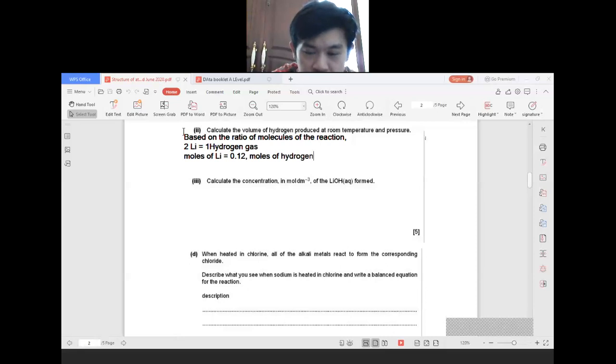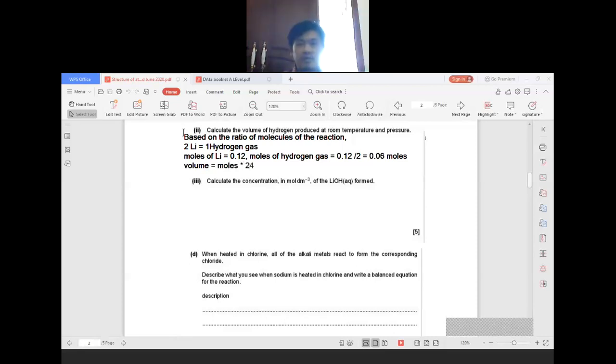moles of hydrogen gas equals 0.12 divided by 2, which equals 0.06 moles. And then volume equals moles times 24. 24 is the molar volume of gas.